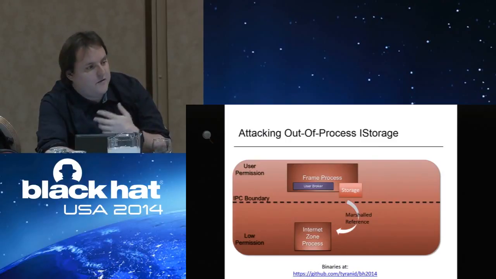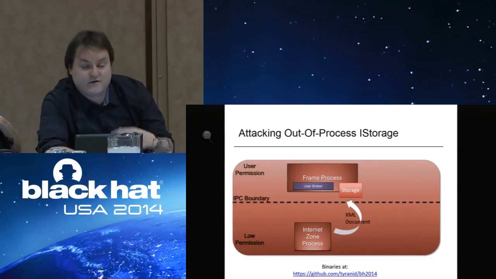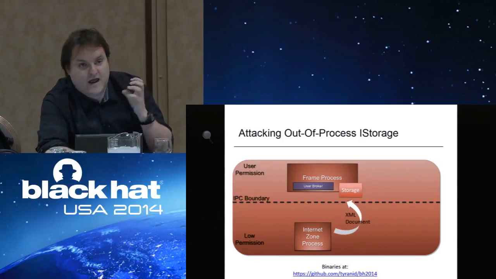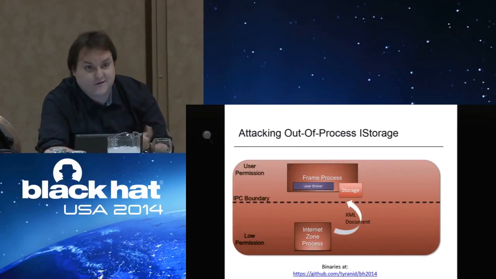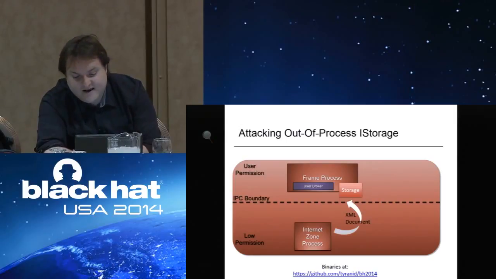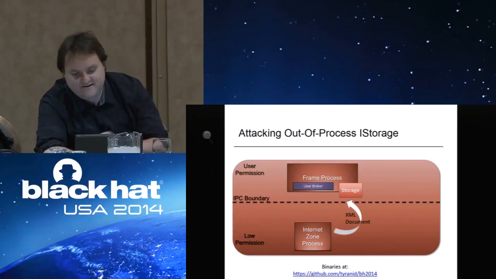I noted that XML documents were serializable, and we can push one of those up to the storage. It will serialize it, and it will end up as a binary blob in that storage object, because that's what it's doing. It's storing binary data. Now if I say, hey, can you give me that document back? I really need it now.